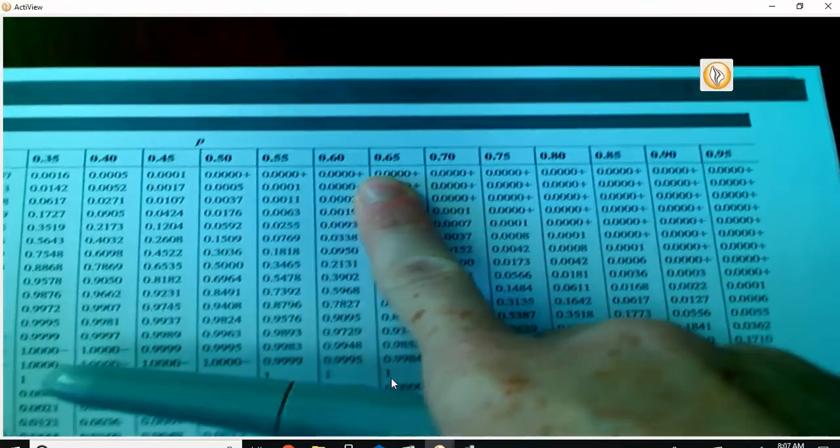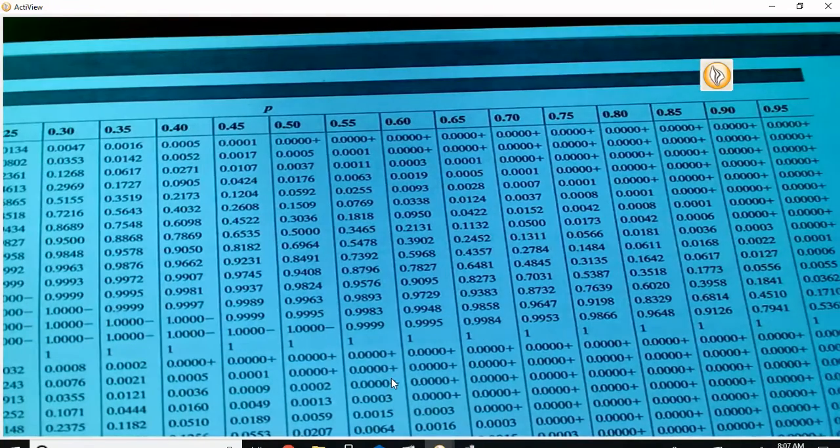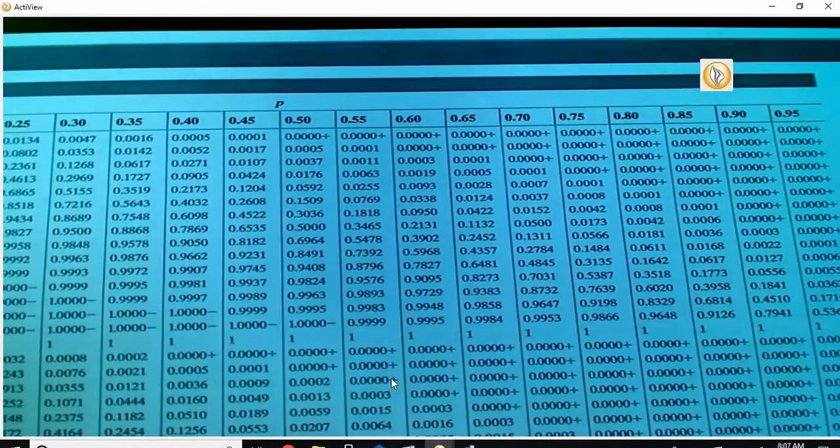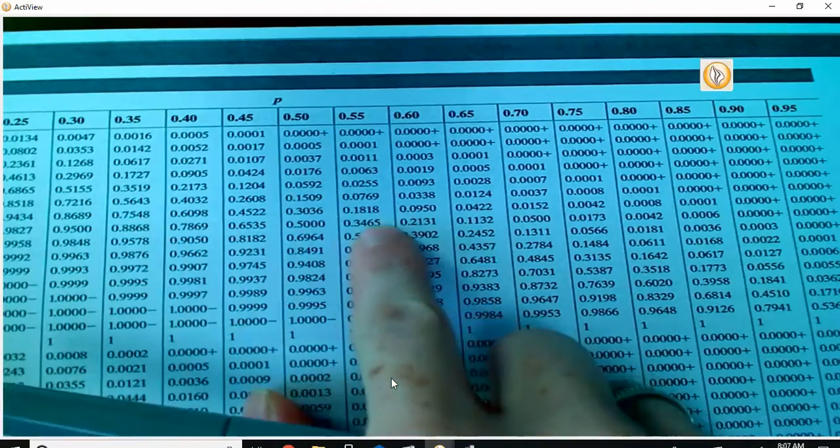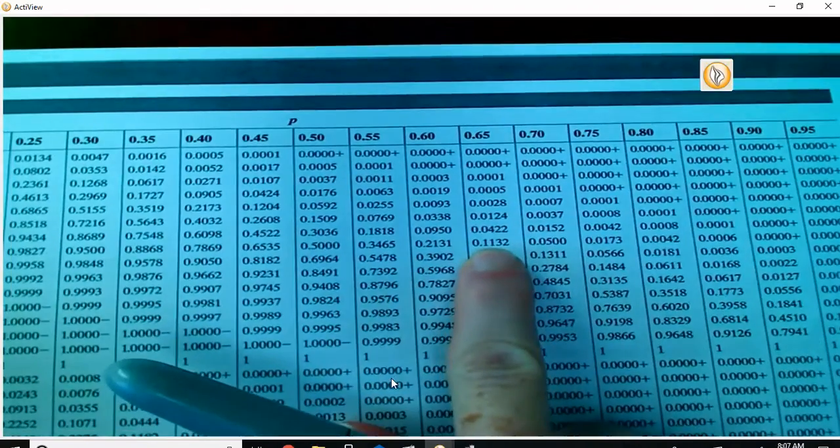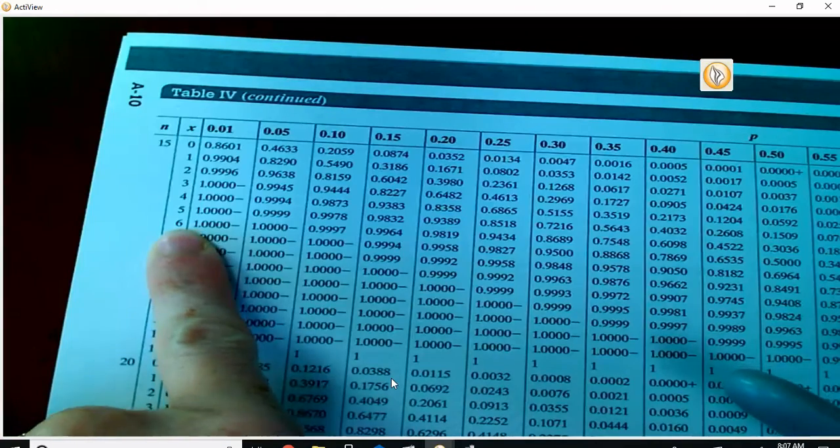The other option is to go to table 4, the cumulative distribution. And so what this does is when you look at the 0, it's the same, but when you look at 1, it's the probability of 0 or 1. When you look at 2, it's 0, 1, or 2. It's everything up to that point. So we wanted everything smaller than 6, including my 6.